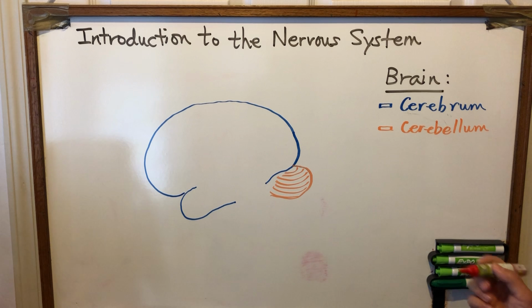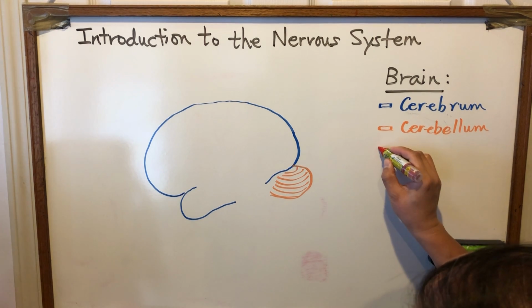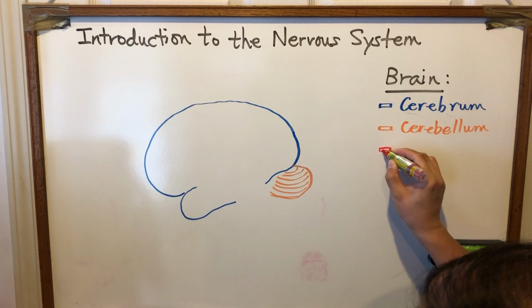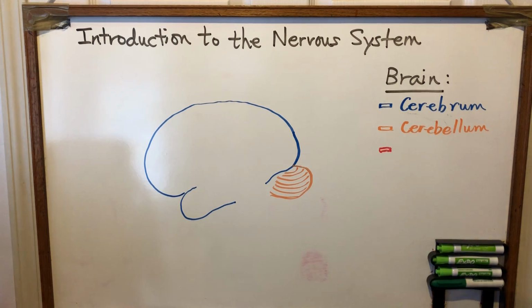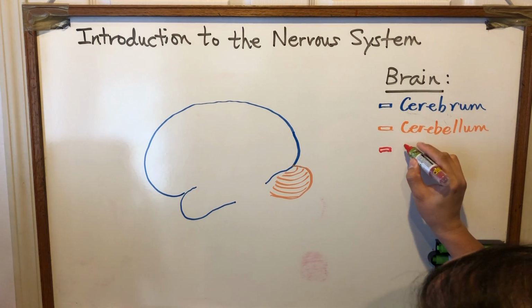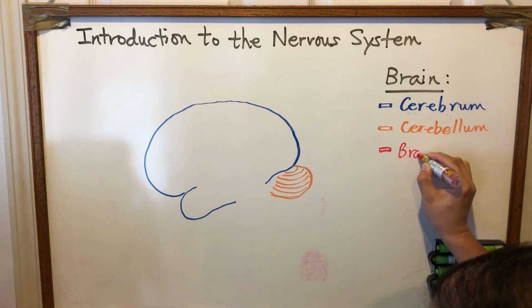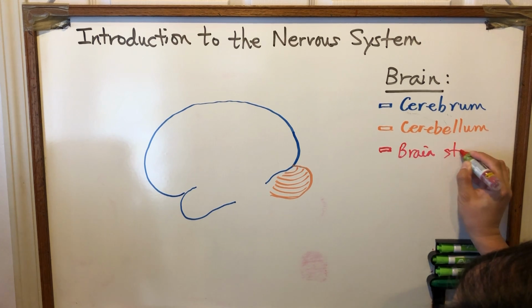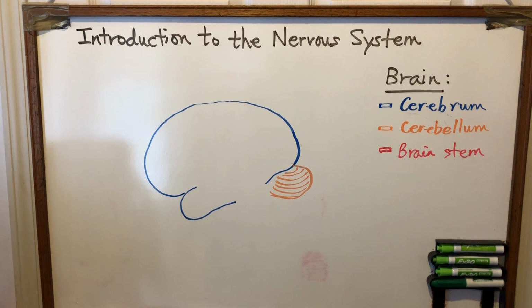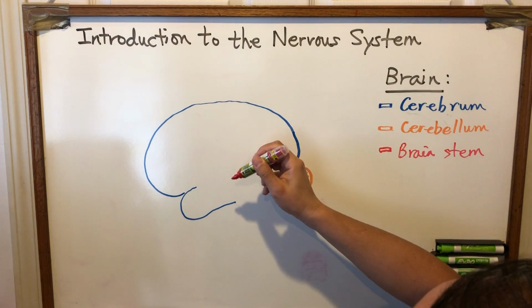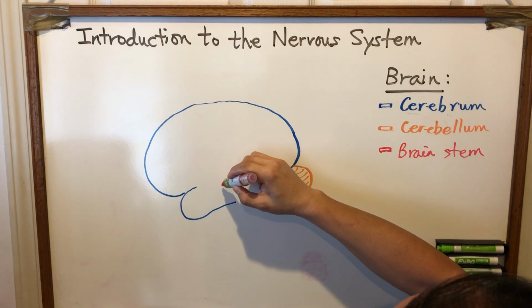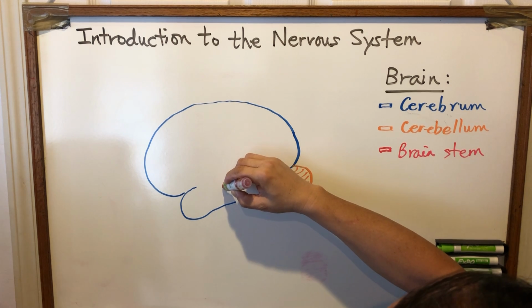And finally, the last area of the human brain is the smallest, but it's actually the most important because it controls all your basic body functions, called the brainstem. And it begins at the center of the cerebrum with different irregular shaped areas.